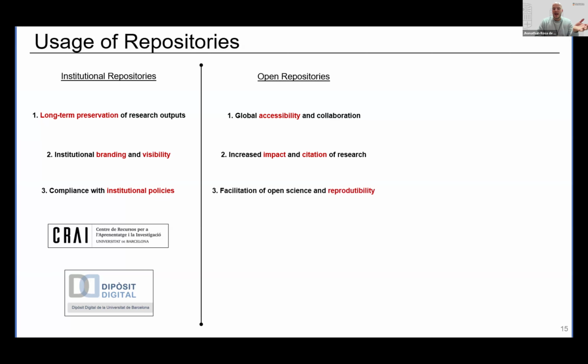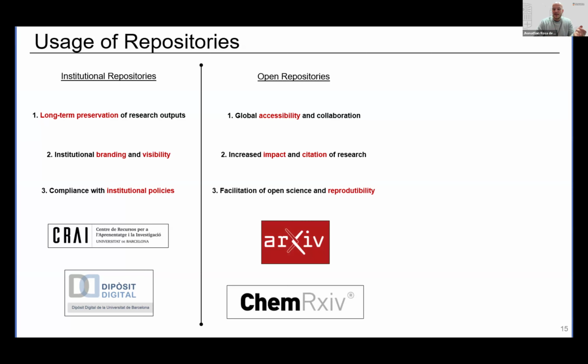And we have the facilitation of open science and reproducibility of the research that you are spreading. As examples, we have arXiv and ChemRxiv, which are platforms that allow publishing papers and research. Of course, they don't have peer review, but they allow you to upload your research there.